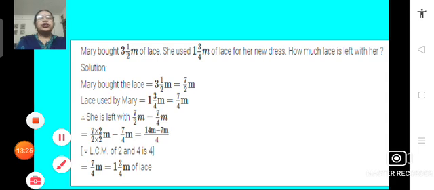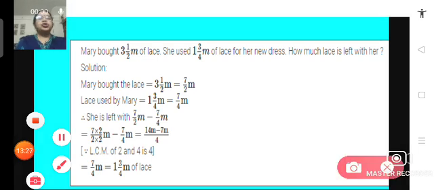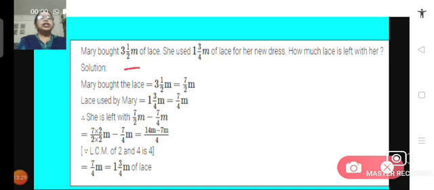Mary bought 3 1/2 meters of lace. She used 1 3/4 meters of lace for her new dress. How much lace is left with her? So what is the length of lace she bought? It is 3 1/2 meters. That means it is 7/2 meters.